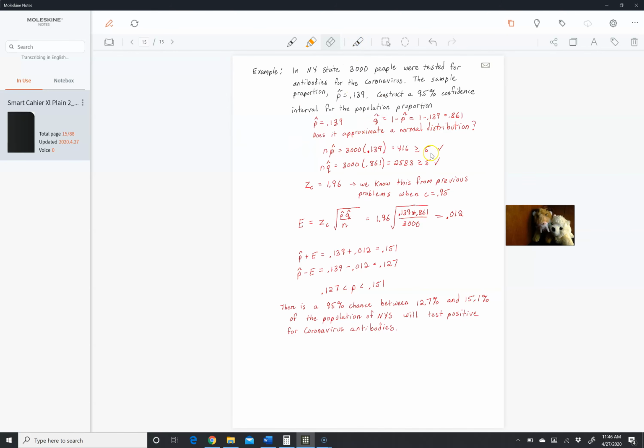And what that means is we don't have to do all of this again. All we have to do is from here down. We have to find the z-score and then the margin of error based on that z-score. So we're going to construct a 99% confidence level now.